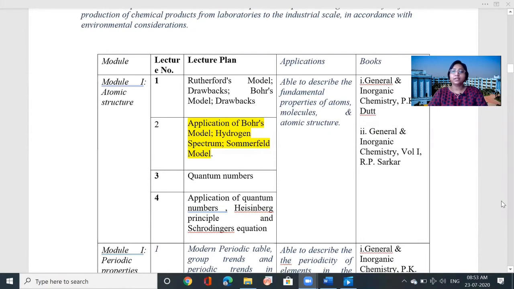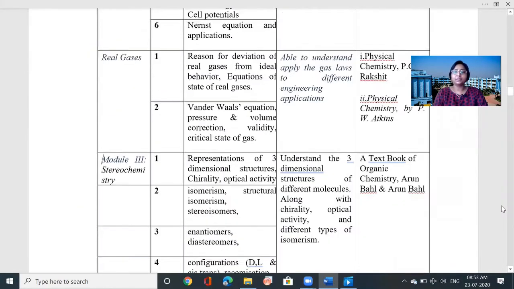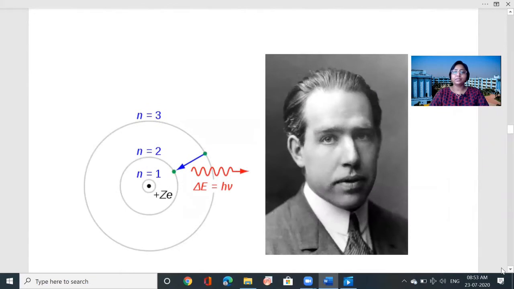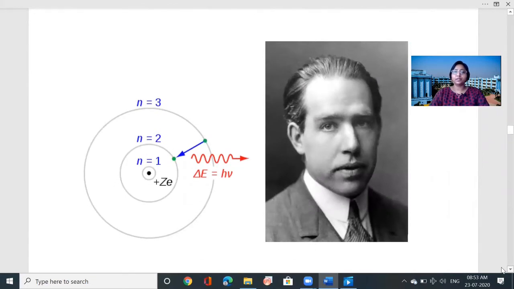In the Bohr's model, what you have learned, can anybody tell? Anybody can remember what you have learned? Yes, this is the Niels Bohr model. Here you have the different orbits, like n is equal to 1, n is equal to 2, n is equal to 3. Each orbit has a specific energy level. When electrons move in a particular orbit, the energy level remains the same.